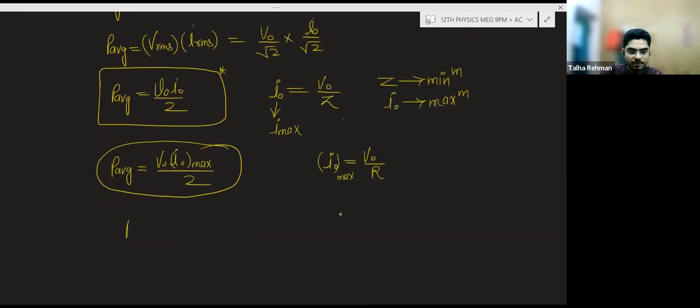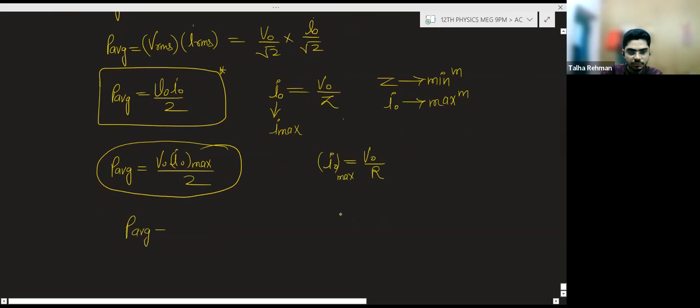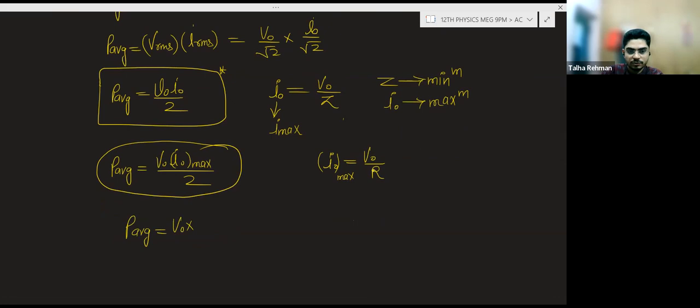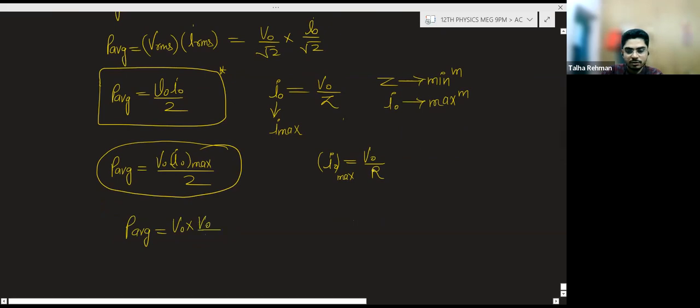So average power will become V naught, and in terms of I naught max, you will put V naught divided by R, and this is divided by 2. So average power will become V naught squared by 2R.